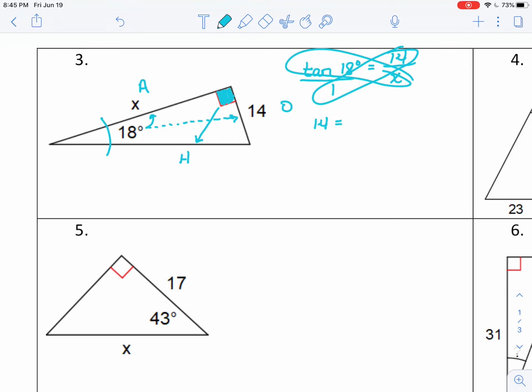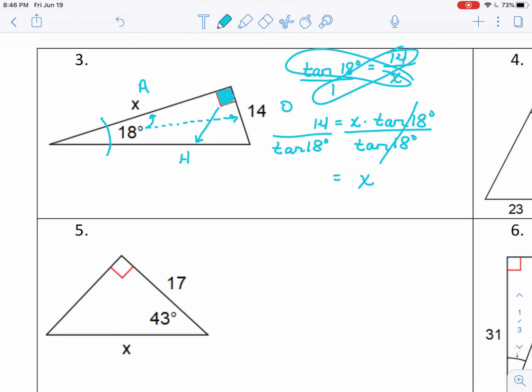So 14 times 1 would be 14 on one side of the equal sign. The other side of the equal sign would be x times the tangent of 18. You'll notice I didn't get x on its own side of the equal sign, so I'm not done. I would like to know what x is, so I need to get rid of multiplying by tangent of 18. The opposite of multiplying by tangent of 18 is to divide by the tangent of 18.